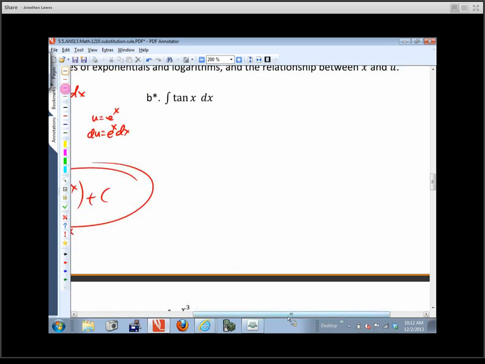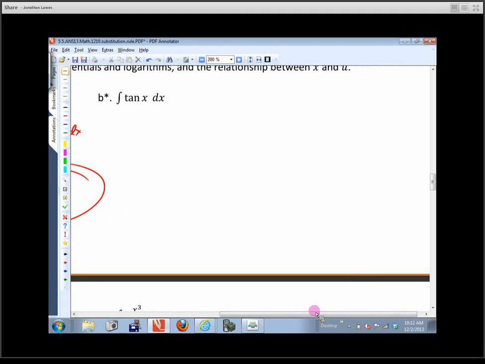Hopefully you took a look at your notes over the long weekend. We actually showed something similar to this before, but we're going to find the antiderivative of tangent. And if you look at it right now, is there a function and its derivative in the integrand? What would it be?